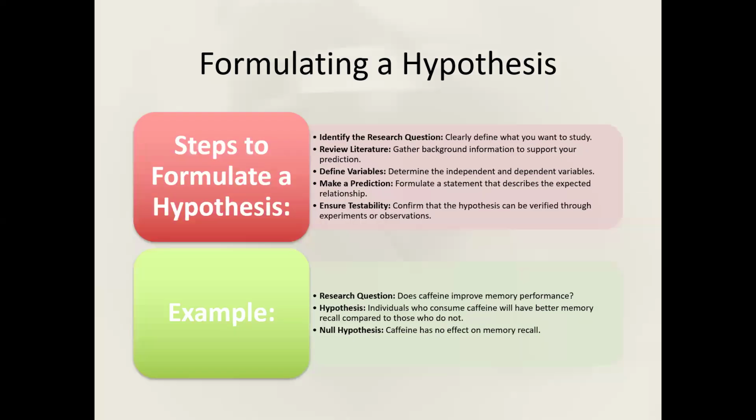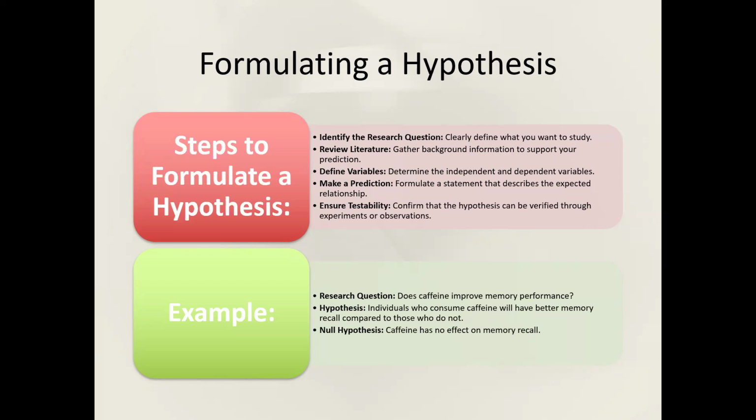And then what are the steps to formulate a hypothesis, to work on your hypothesis or to write your hypothesis? First of all, you have to identify the research question and clearly define what you want to study, what type of study you want to do. After that, you have to formulate the research question and work on it. After completion of your research question, you have to then work on the literature review.